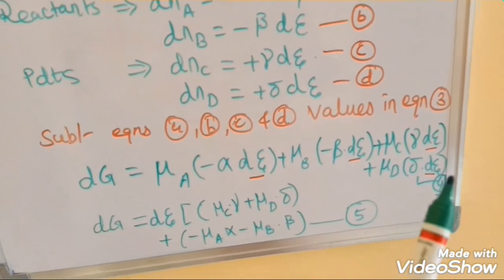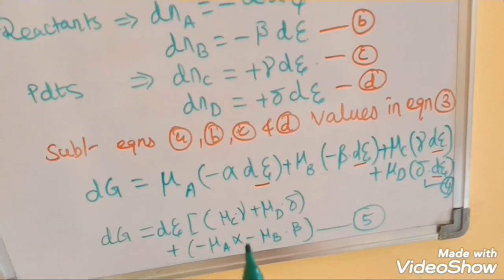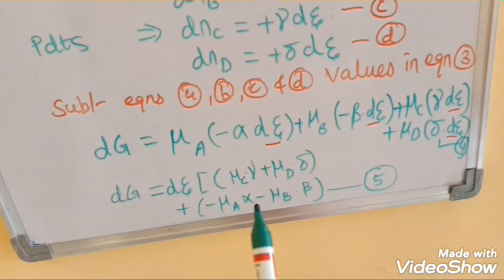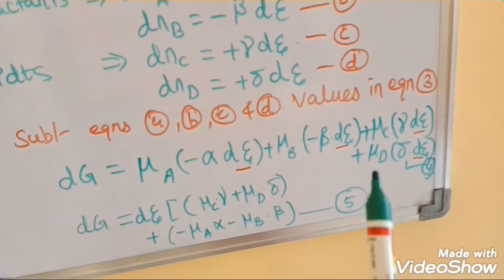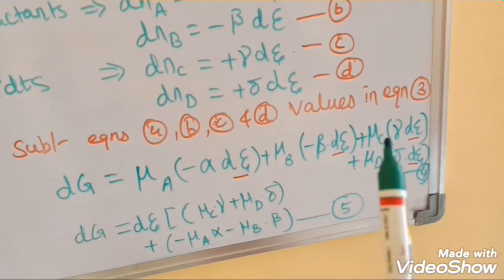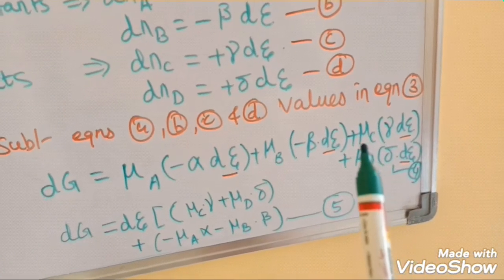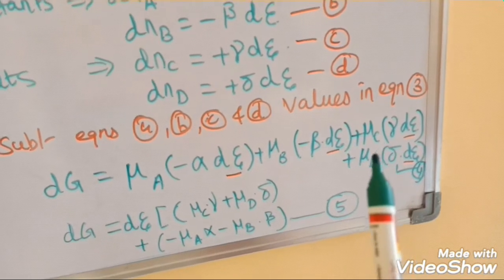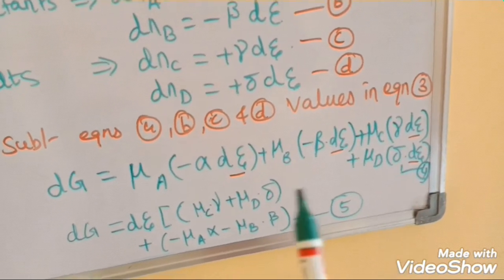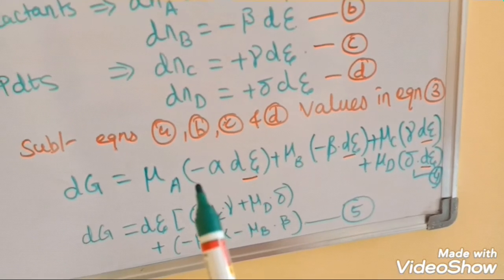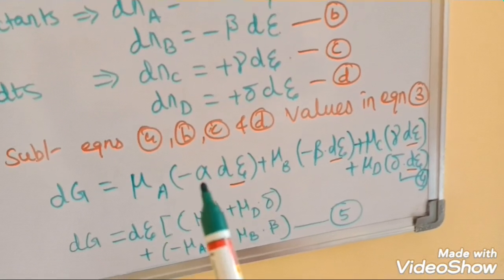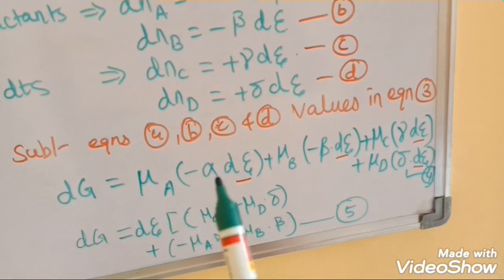Here we write the plus values first and then the minus values, no other changes. So what is the plus value? mu c and mu d value. This is multiplied with gamma, so that's mu c gamma plus mu d delta. We put this value here. Plus here this value, mu a minus mu a alpha.